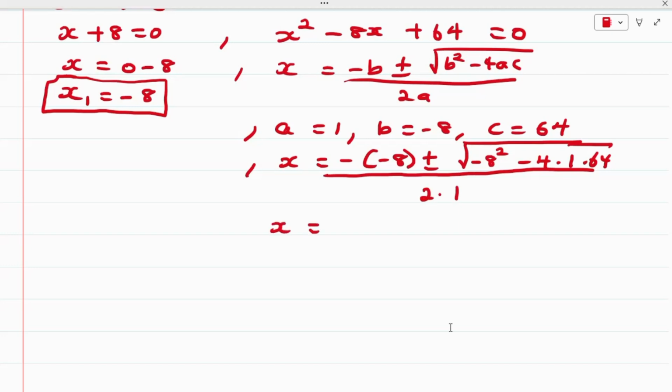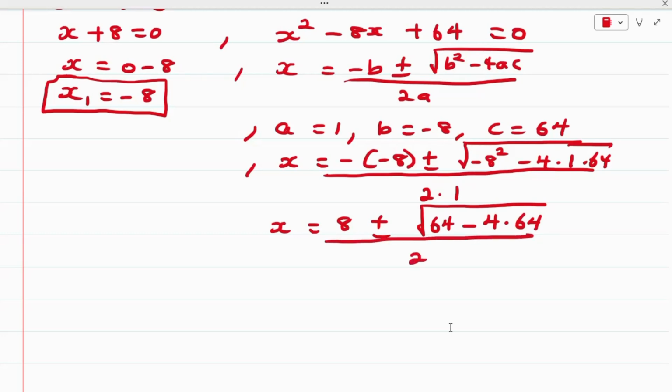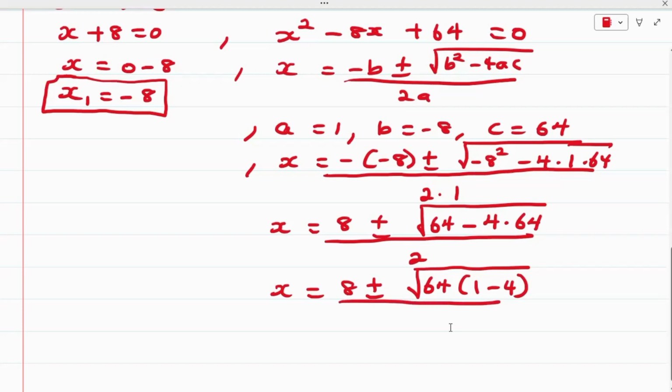So x is equal to minus times minus is plus, so we have 8 plus minus the square root of minus 8 square is 64 minus 4 multiply what? 64 divide 2 multiply 1 is 2. So x is equal to 8 plus minus the square root of, we have 64 to be common, so if we factor out 64 we have 1 minus 4, and this is going to divide 2.